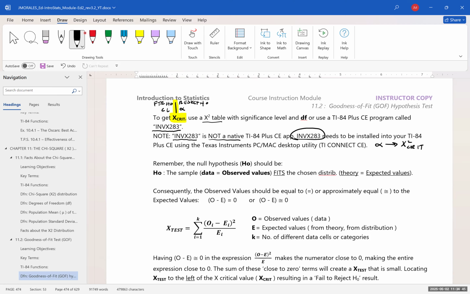Remember, the null hypothesis should be that the sample fits the chosen distribution. Consequently, the observed values should be equal to or approximately equal to the expected values.